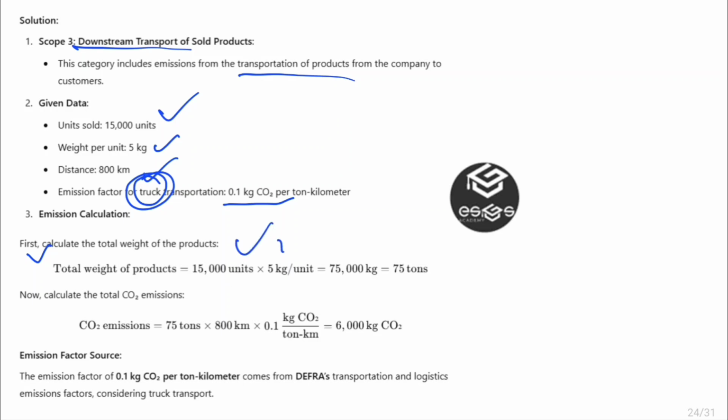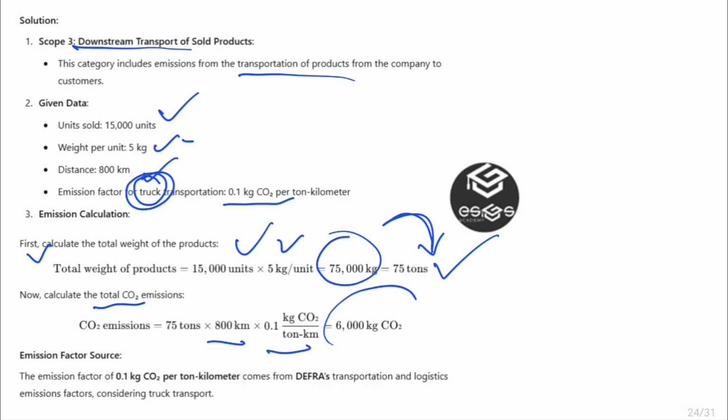Total weight is 15,000 units multiplied by 5 kg each unit, and convert it into tons, 75 tons. Now what will be the total CO2 emissions? 75 multiplied by kilometers and the emission factor. So the answer is 6,000 kg CO2.